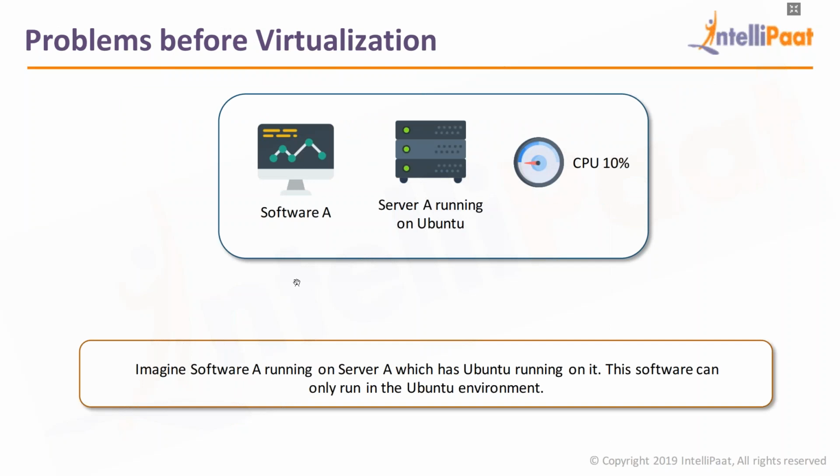Now, the problem before virtualization: we have software A and server A running on Ubuntu with CPU at 100%. This is a very ideal situation, where you are running only one application on one physical server. Sometimes the consumption will be very high, and sometimes the CPU and memory consumption will be very low.